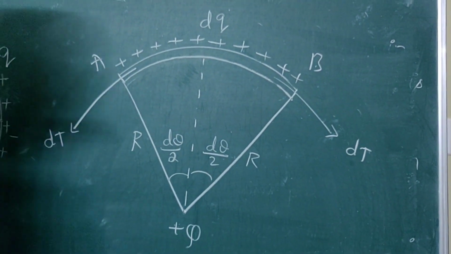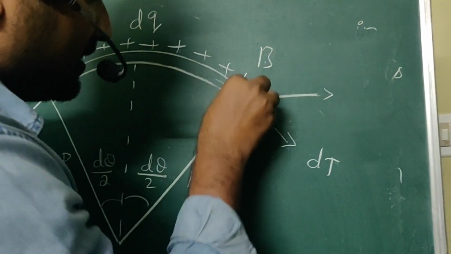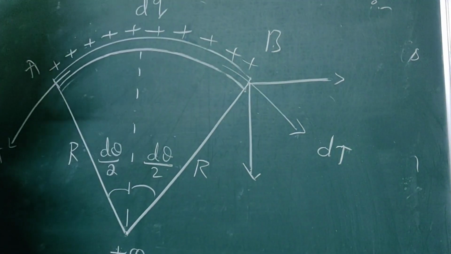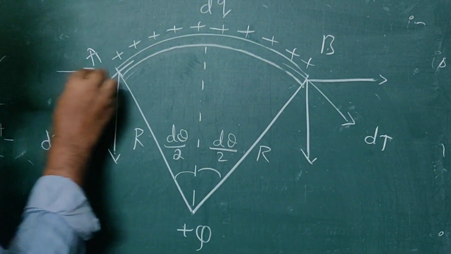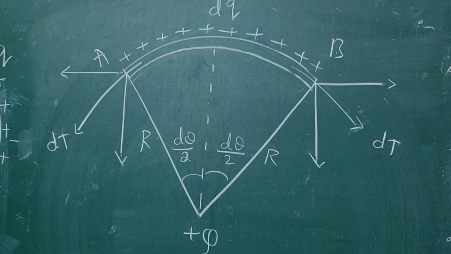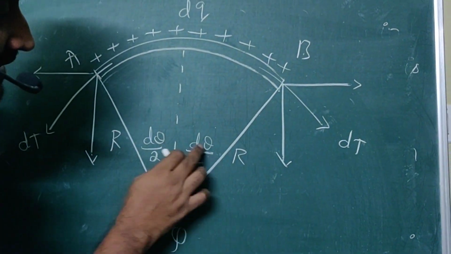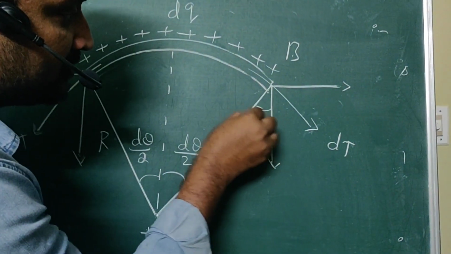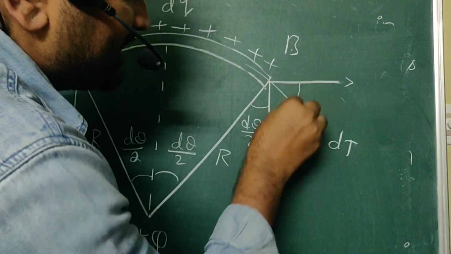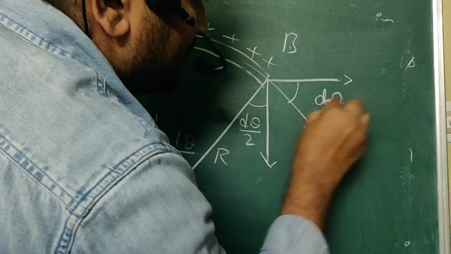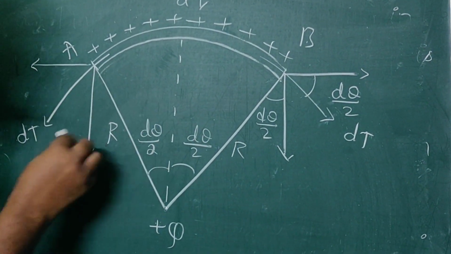Now let us resolve this into two components, one along this direction and another along this direction. Similarly here also. From the geometry it is clear that if it is d theta by 2 here, here also I can write d theta by 2, and this angle will again be d theta. We can prove it, but as of now I don't want to go through that.